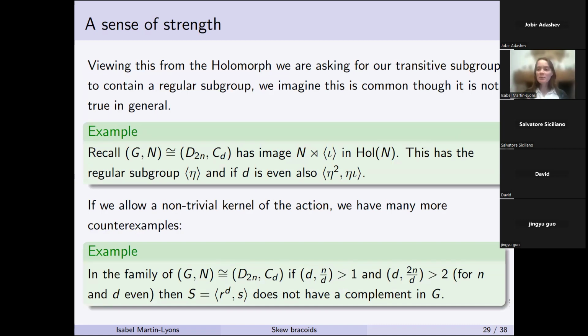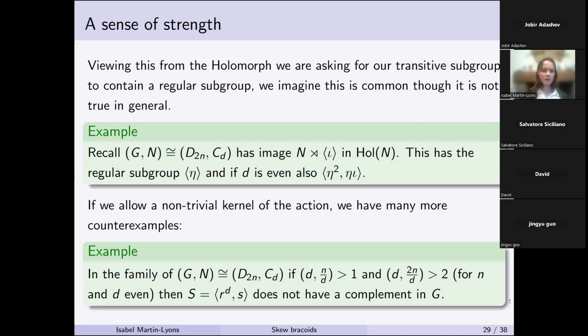Okay, so we seem to be specializing somewhat from skew bracoids at large, but how strong is this condition? Do all skew bracoids satisfy it? Well, if we view this from the holomorph, we're asking for our transitive subgroup to contain a regular subgroup. Intuitively, this feels common, though we do have examples from that setting that show it's not true in general. So not all skew bracoids contain a brace.